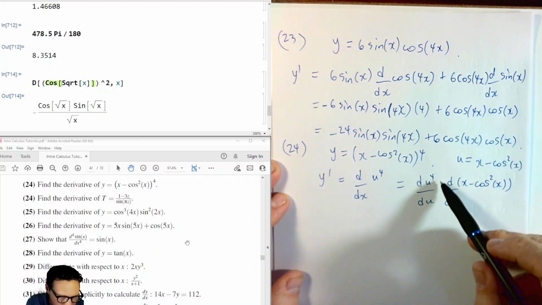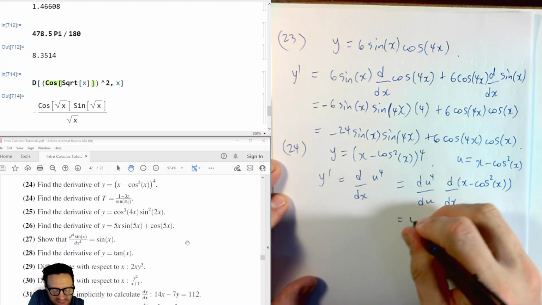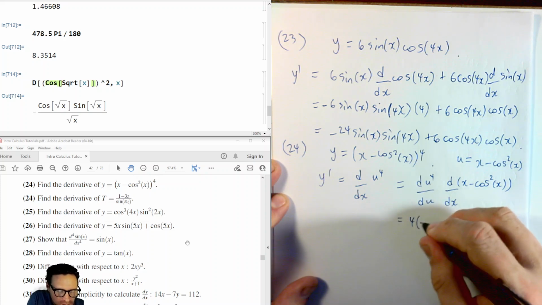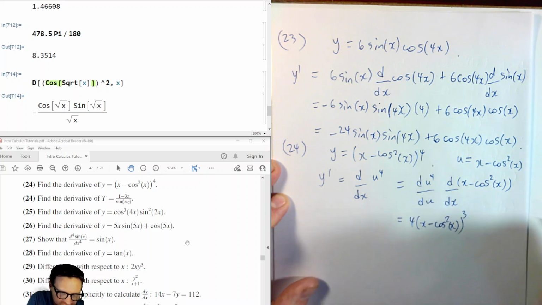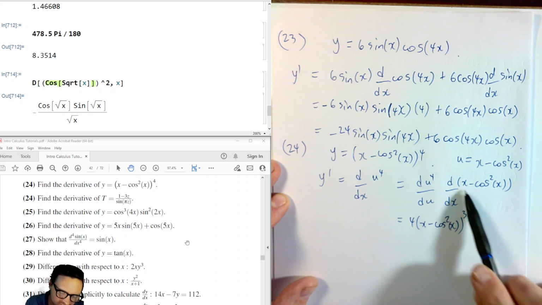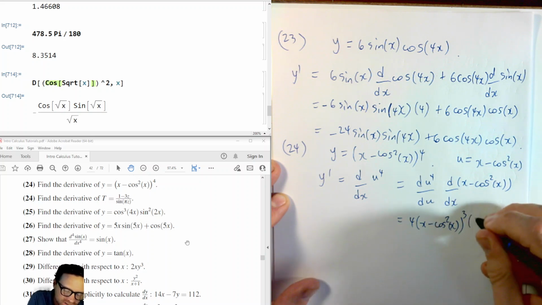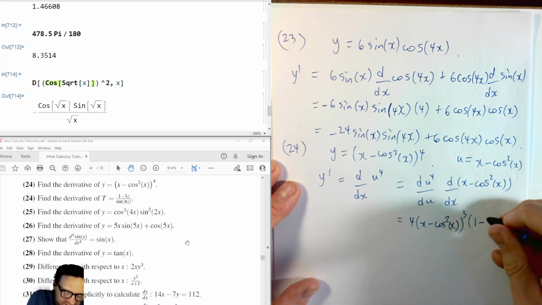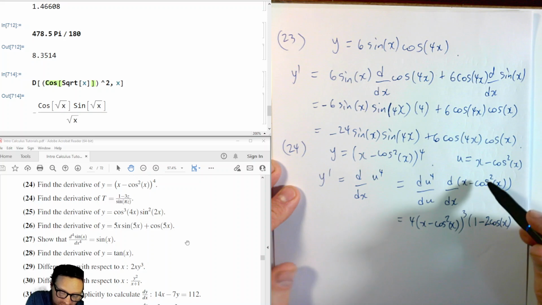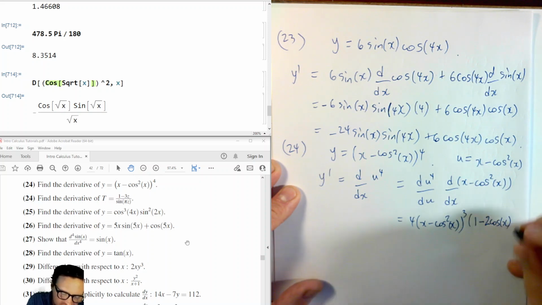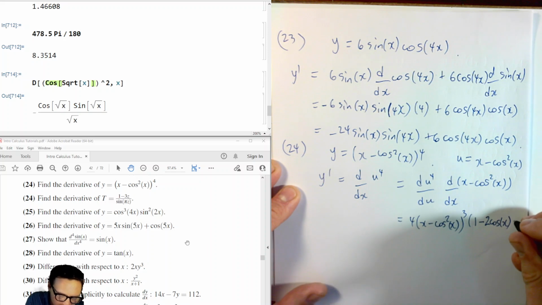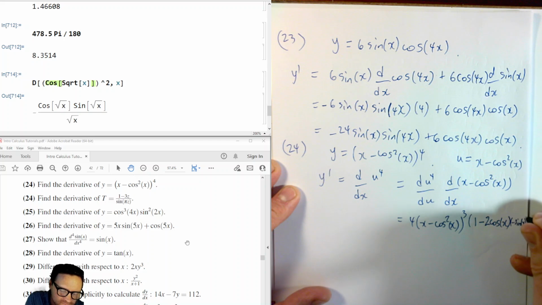Okay, now the derivative of u to the 4th is 4u cubed, so we have 4 x minus cos squared x all to the power of 3, and then the derivative of x minus cos squared x is 1 minus 2 cos x times the derivative of cos x, because I'm using the chain rule on this, so times minus sine x.